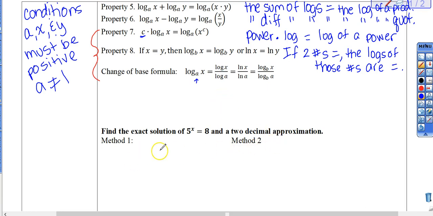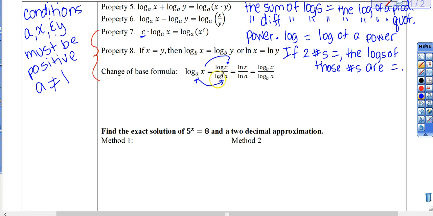And I will illustrate that when I do method 1. I'll illustrate the change of base formula. I'm using method 1 and method 2 to illustrate it. But anyway, here's what you do. You put the base in the bottom, base in the bottom, they both start with B, so that works out. You put the base in the denominator, and the log goes in the numerator.